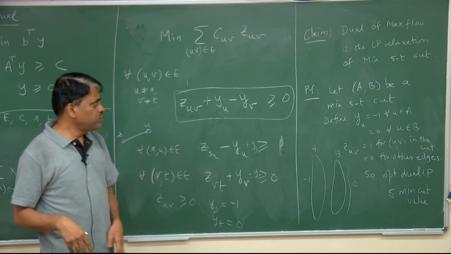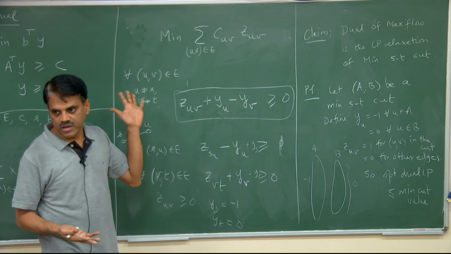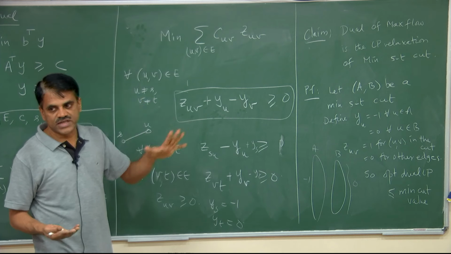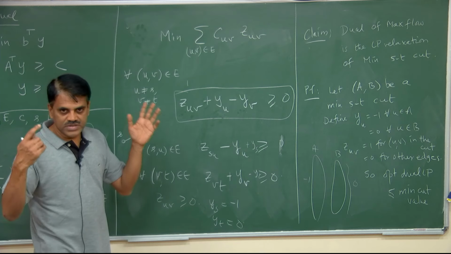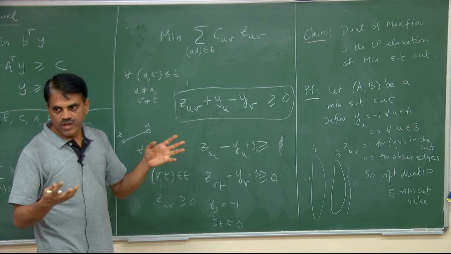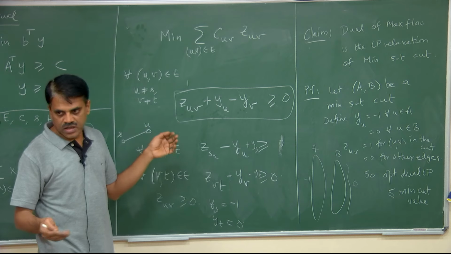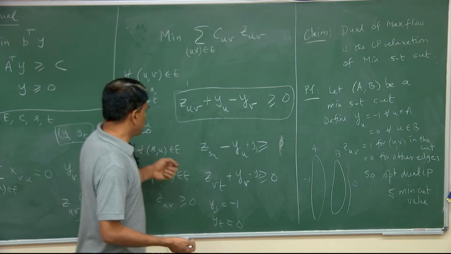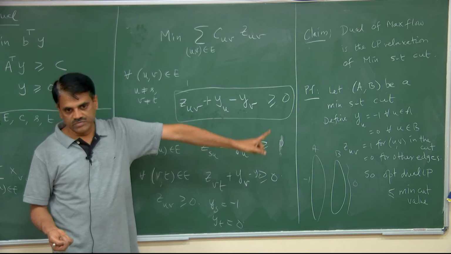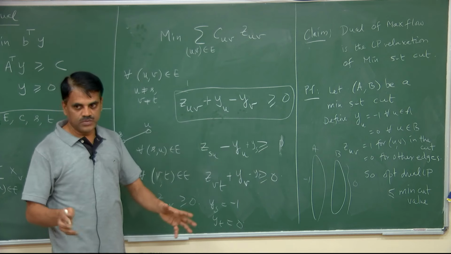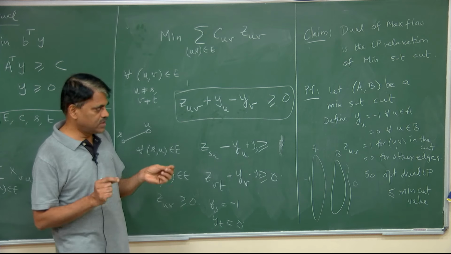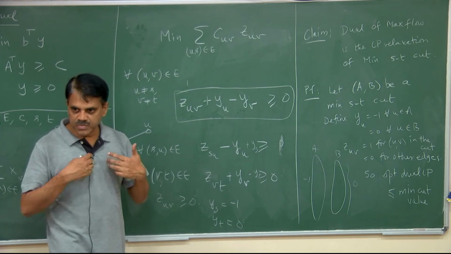I will give you a feasible solution for the LP from the ST cut. So all I'm saying is any cut satisfies this LP. That's all I'm saying. The translation from the cut to the value of these variables is what I have done. Give me an ST cut, I'll translate it, I'll set the variables. This is my choice.